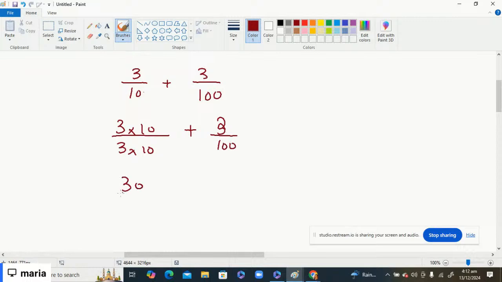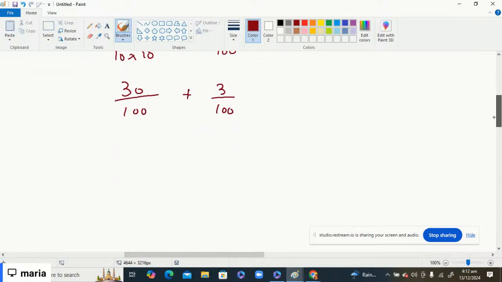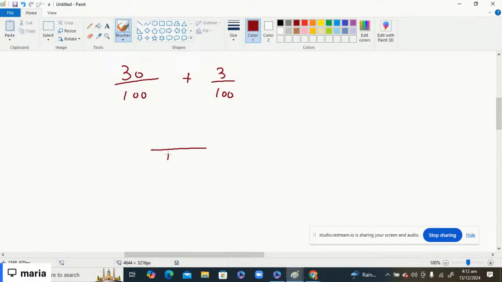This is 30 by 100 plus 3 by 100. Putting 100 here, now 30 plus 3 is 33 over 100.